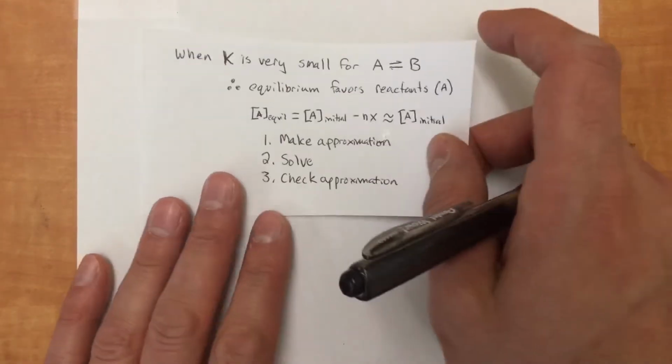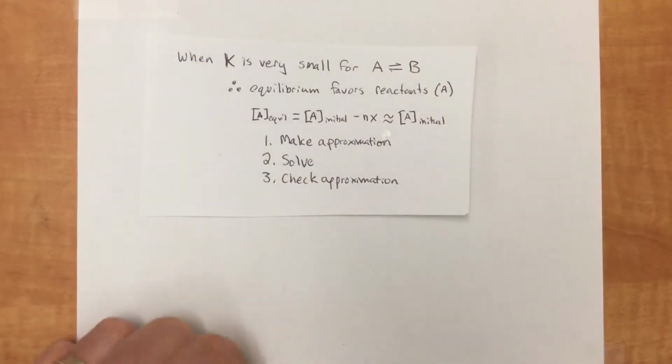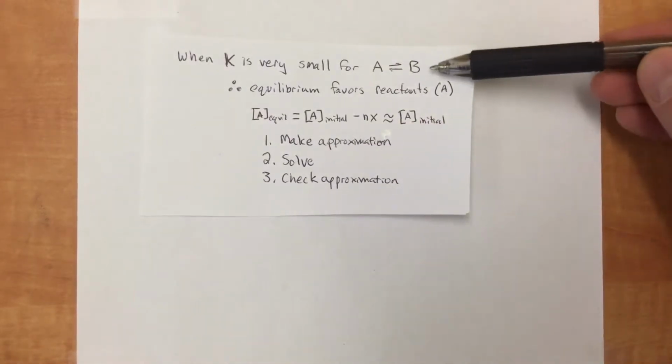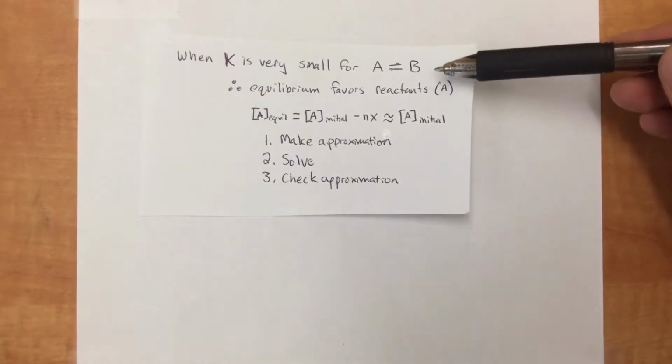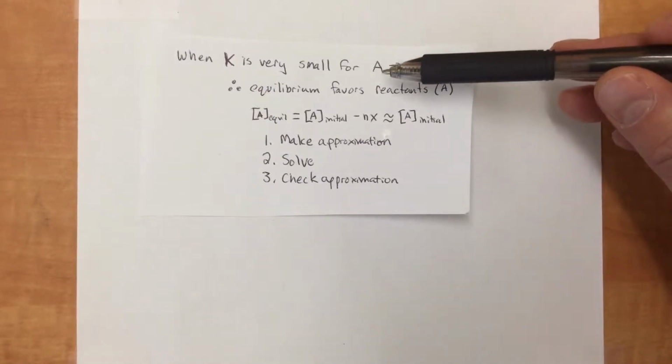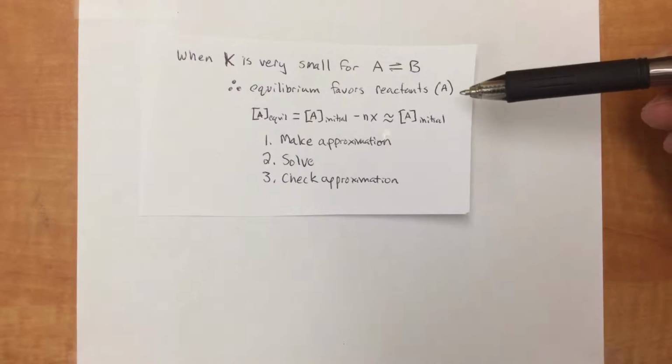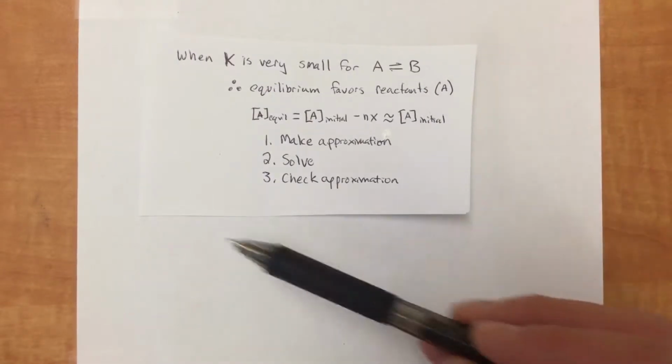First, we can say that when K is very small, the reaction will favor reactants. When the reaction favors reactants, very little of A will be converted to B as equilibrium is established.